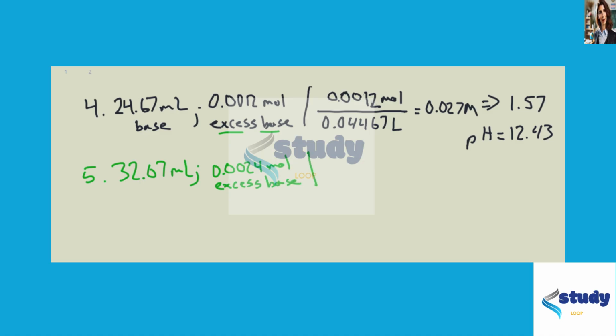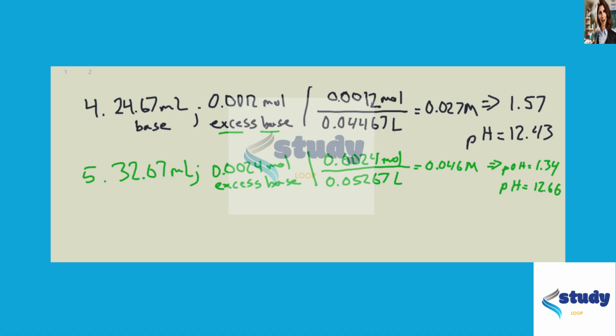And we do the same process: moles divided by the volume, which should now be 0.05267 liters. Which gives us this concentration, which gives a pOH equal to 1.34 and a pH of 12.66.